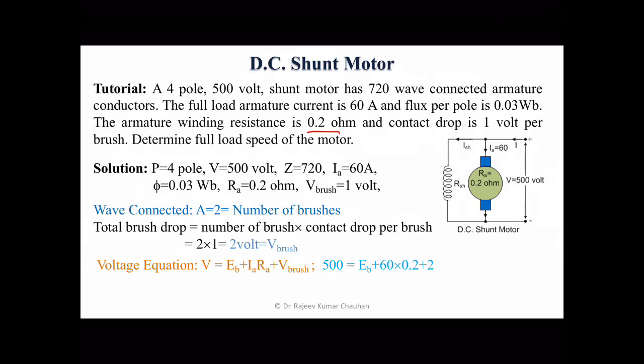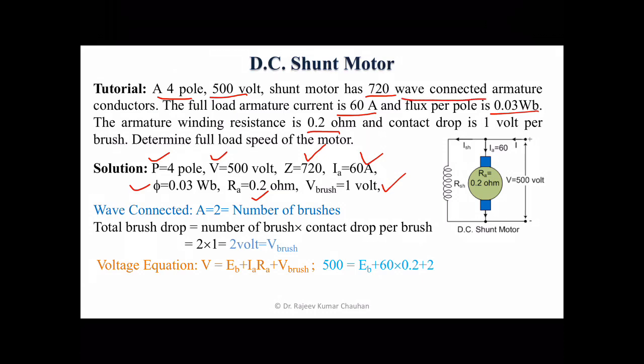From the question we can get P is equal to 4, V is equal to 500 volt, Z is 720, Ia is 60 ampere, phi is 0.03, Ra is 0.2, and brush voltage is given.